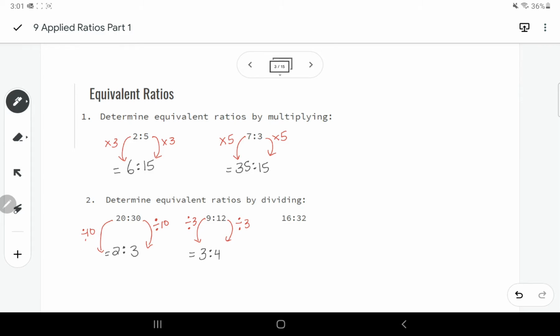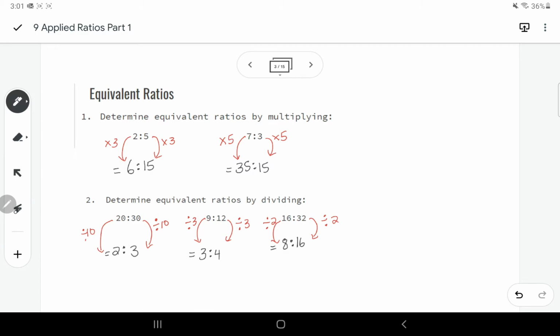The next one, 16 to 32. Lots of different numbers actually can get divided here. I might pick 2, just a nice small number. So here, 16 divided by 2 is 8, and 32 divided by 2 is 16.